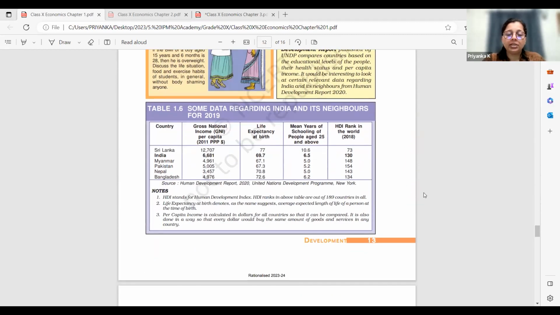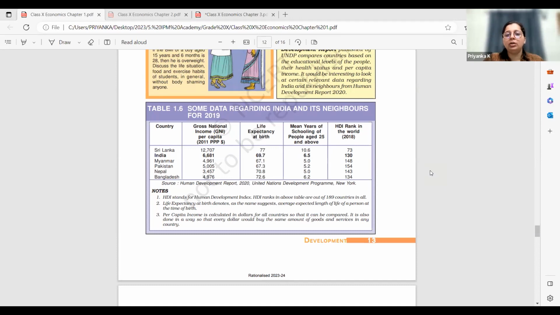Now, table 1.6 shows some data regarding India and its neighboring countries. Taking the case of Sri Lanka, the gross national income per capita in 2011 was $12,707. Life expectancy at birth is 77. Mean years of schooling, for people aged 25 and above, is 10.6, and the HDI rank in the world is 73.